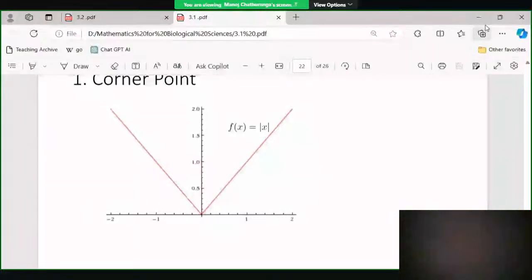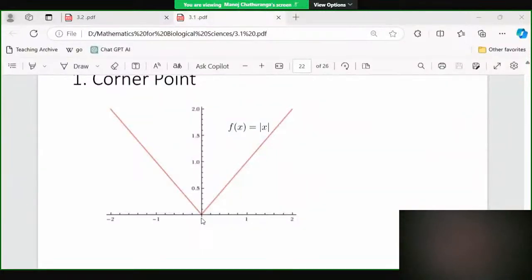That means the function is differentiable. Next, if you pick a negative x value, for the same reason, the derivative exists. Function is differentiable. We can talk about the slope of tangent lines. But something really bad happens at the origin. Take the origin, x equals 0.